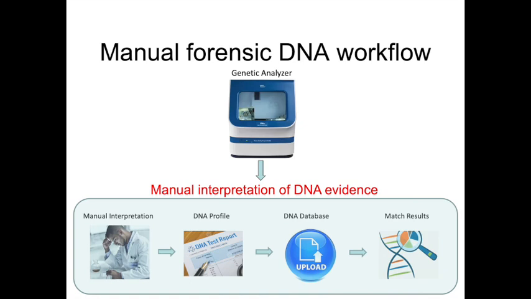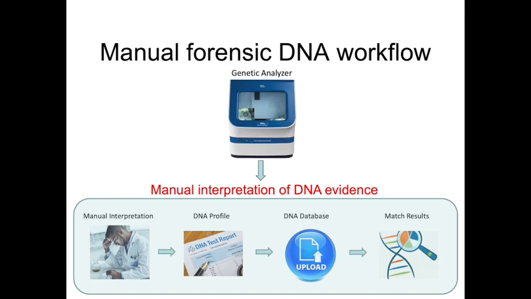So here's the problem. For most labs, you have a manual forensic DNA workflow. The genetic analyzer is beautifully automated, but then step by step, you need people. There's automated software, but it's not really automated, is it? A person has to look at a screen and click and make decisions and apply thresholds, discarding data, making choices that are tedious, time-consuming, and often lead to incorrect results.